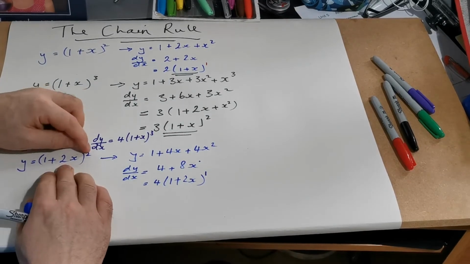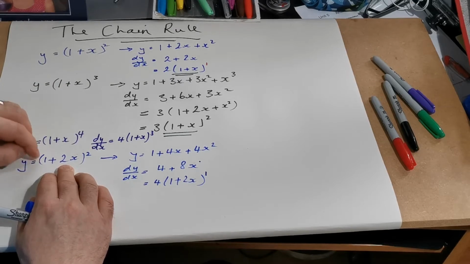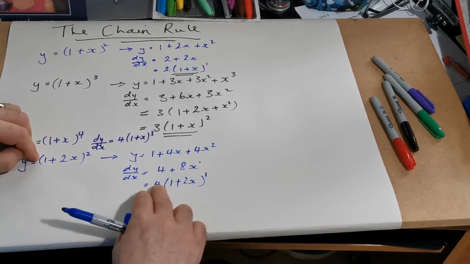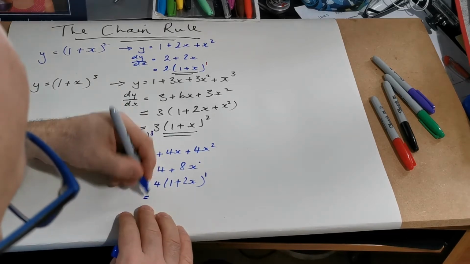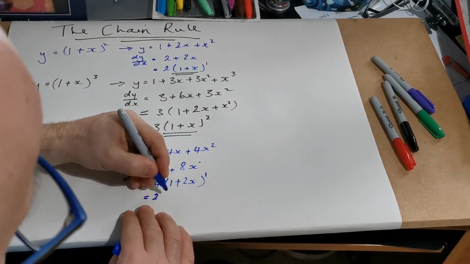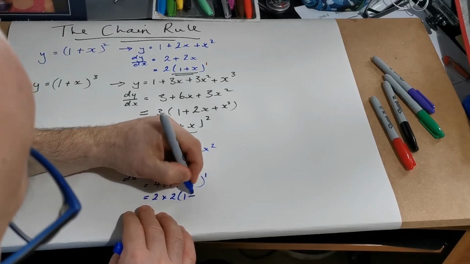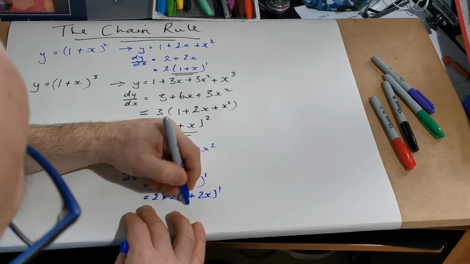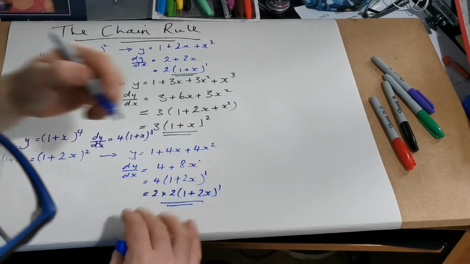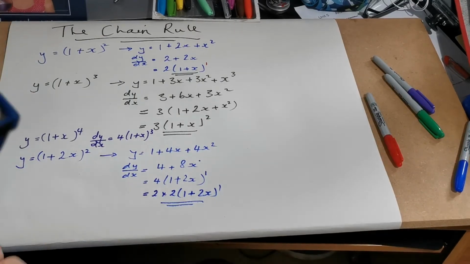Now, if I'd just reduced the power by 1 and multiplied by the old power, I would have had a 2 outside here, but I've got a 4. And maybe if I look at it as 2 times (1 plus 2x) to the 1 times 2, that might lead us a bit closer to the reasoning behind where the answer comes from.